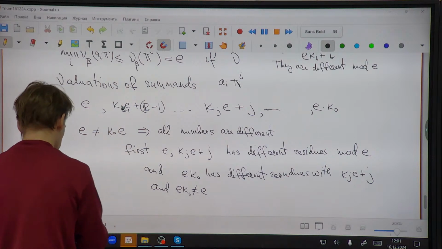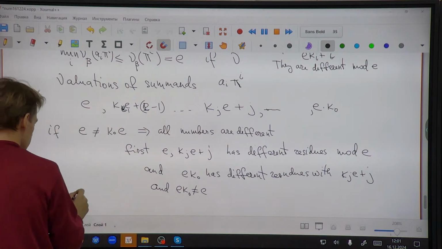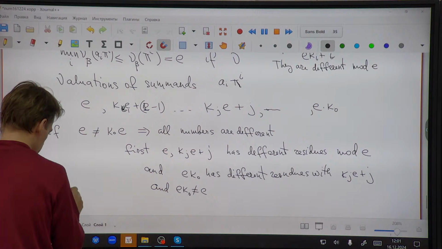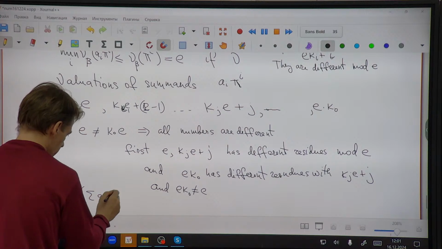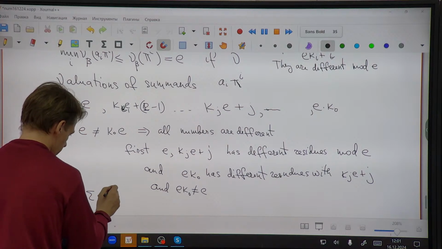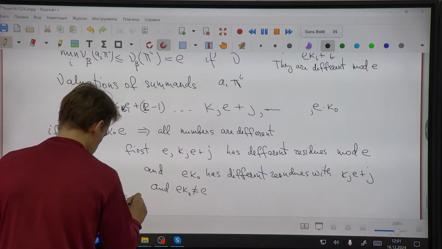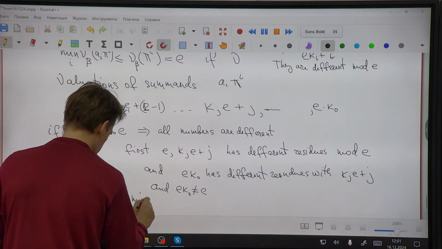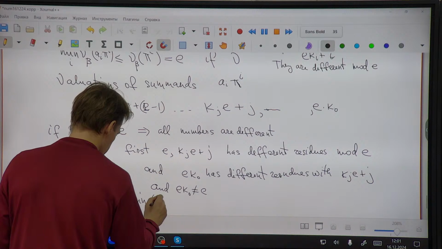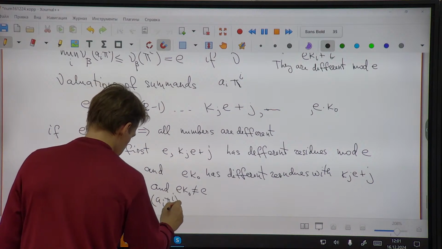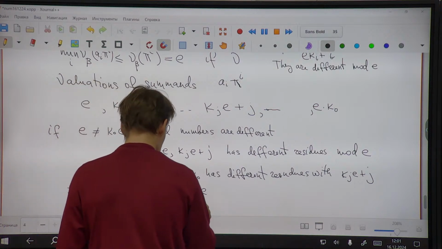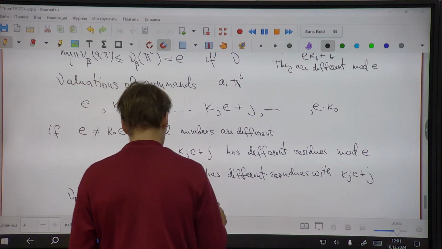This means that the valuation with respect to beta of the sum is equal to the minimum along i of the valuations of the summands. So this sum is not zero.